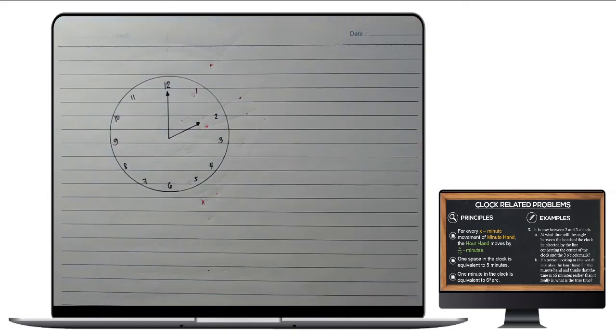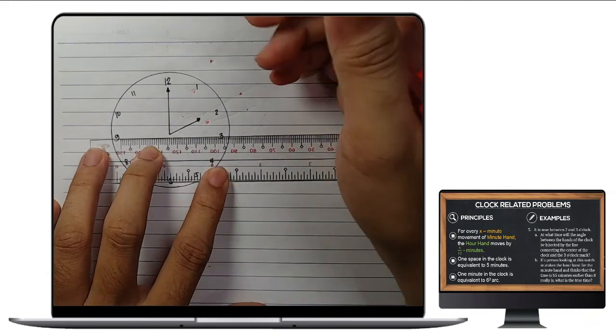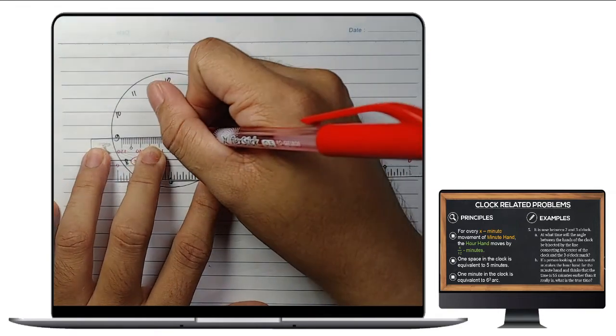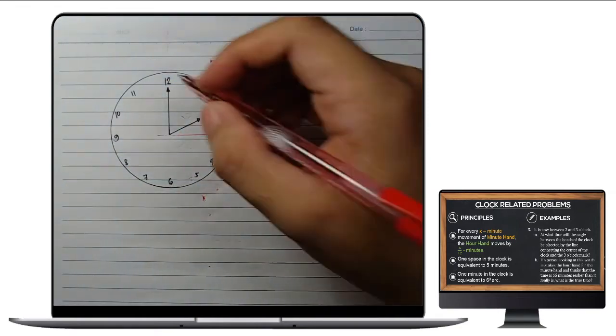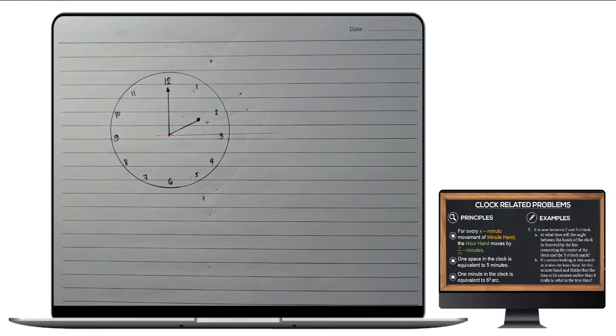So at what time will the angle between the hands of the clock be bisected by the line connecting the center of the clock and the 3 o'clock mark? This means that this position, the center of the clock and the 3 o'clock mark, will bisect the minute hand and the hour hand.